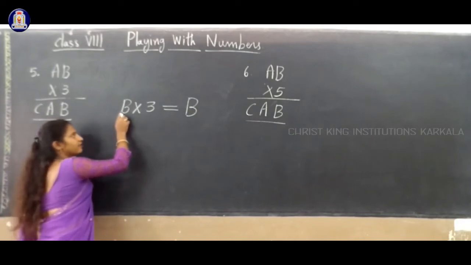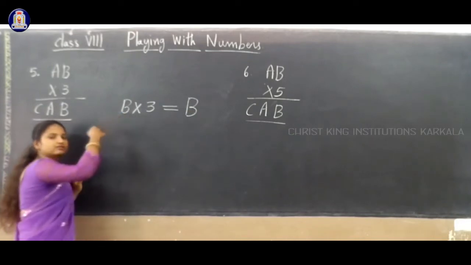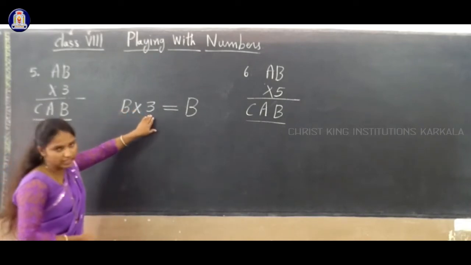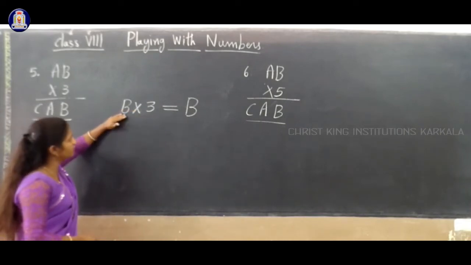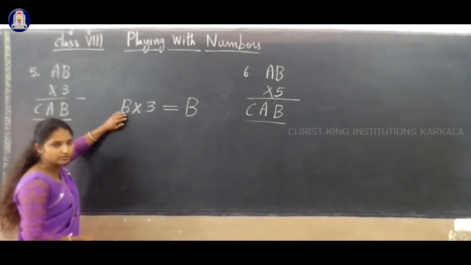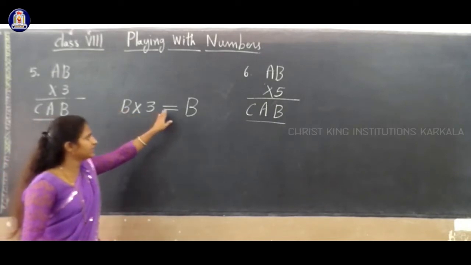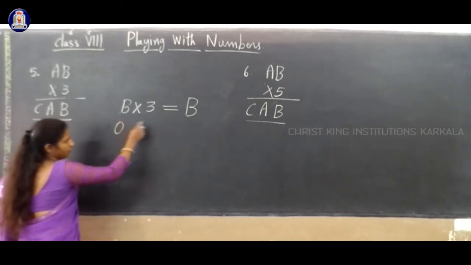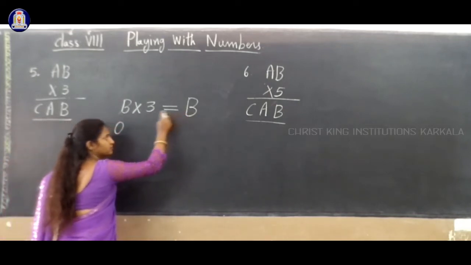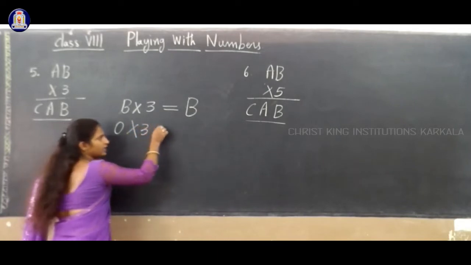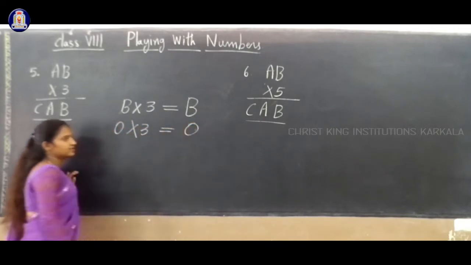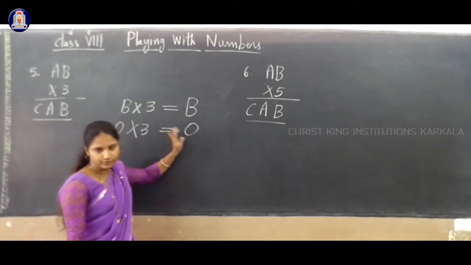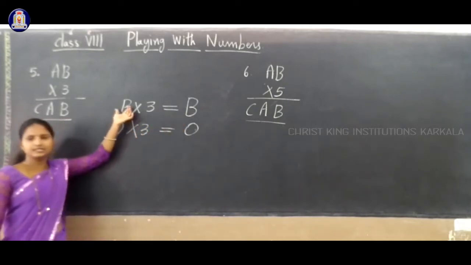If you consider the value of B as 0, then 0 into 3 gives 0. So B is 0, and here also we got B value 0. So this is correct. The value of B is 0.